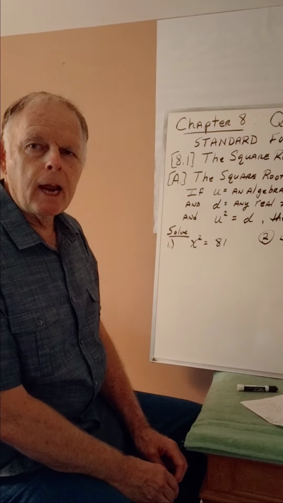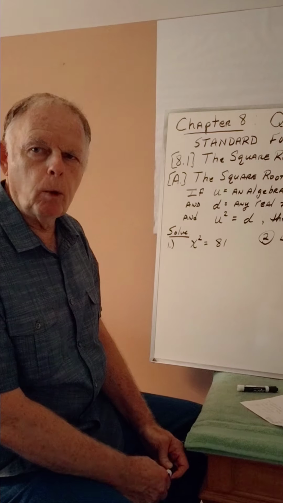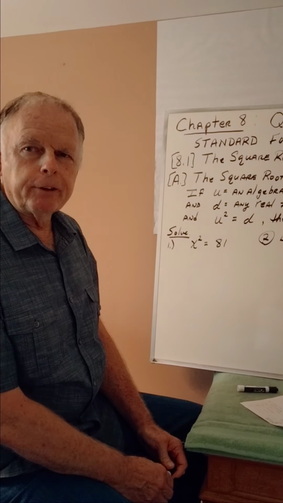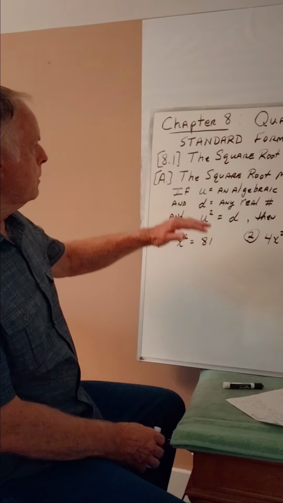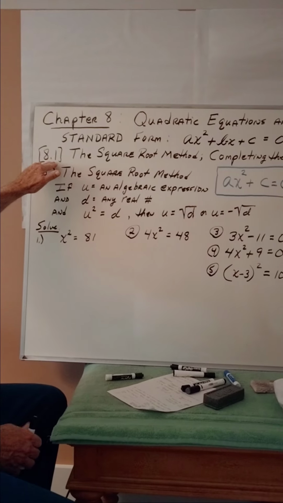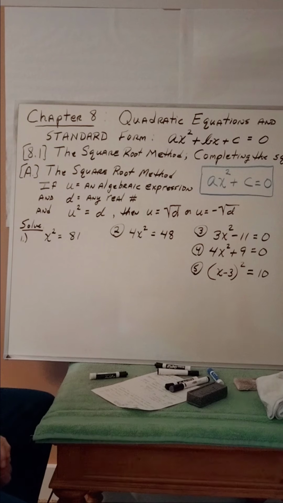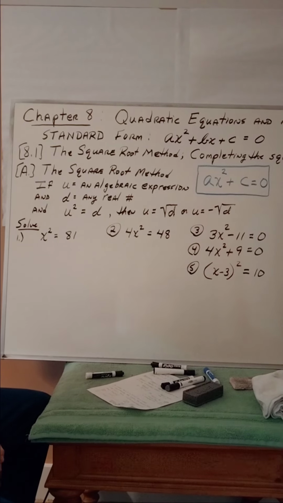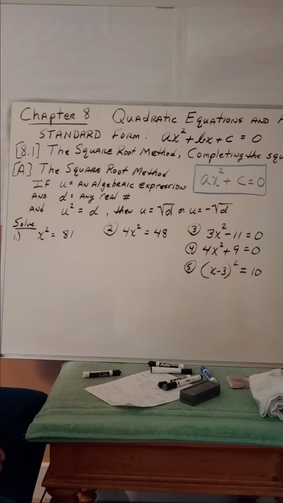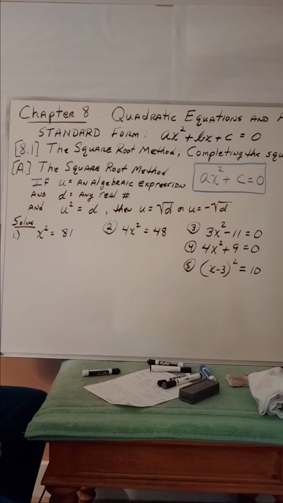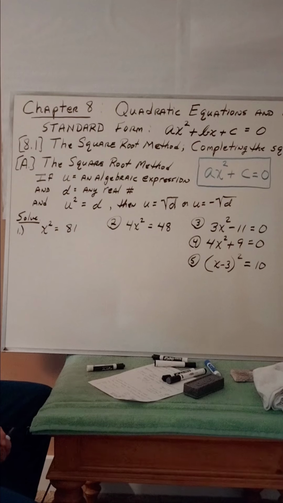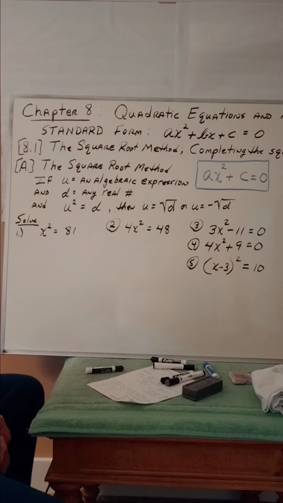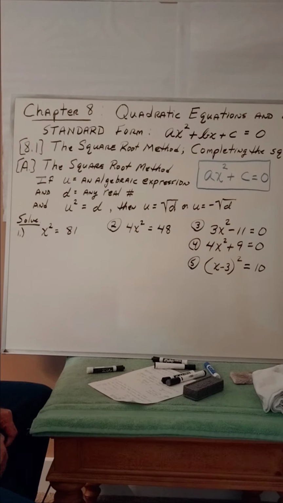And when we get to 8.3, we'll be dealing with the parabola and graphing quadratic functions. But not to get ahead of ourselves, in 8.1, we're looking at two other methods of solving quadratic equations. Because as you know, not all quadratic equations can be solved by factoring.